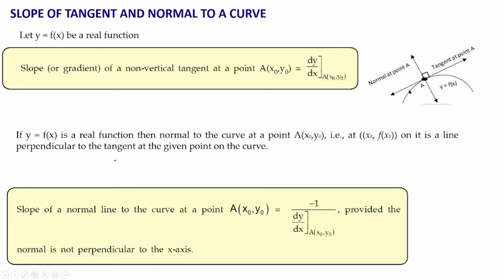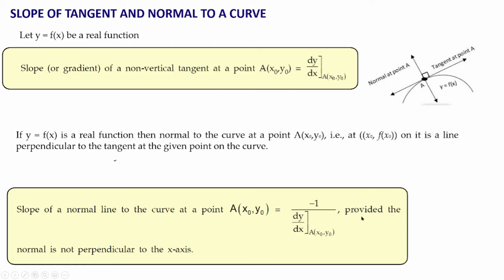So the normal at this point A is a straight line which is perpendicular to the tangent at this point A. So the slope of the line perpendicular to this tangent is given by minus 1 by dy by dx at (x0, y0).